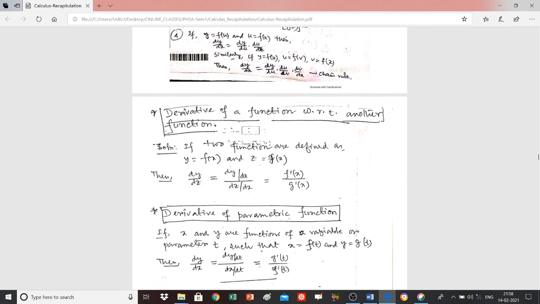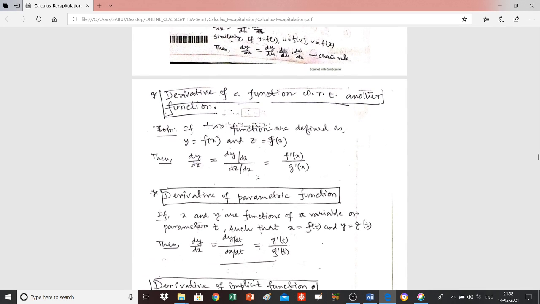Now, the derivative of a function with respect to another function. Let us consider that you are given a function y is equal to f(x), and another function z is equal to g(x). Then you have to find out the value of dy/dz. So dy/dz can be written as dy/dx divided by dz/dx.